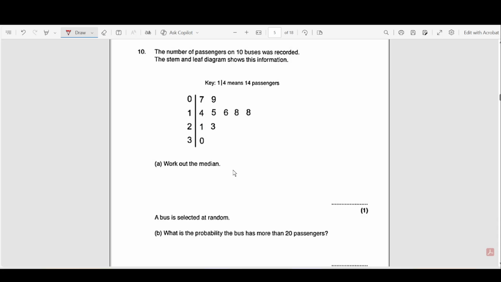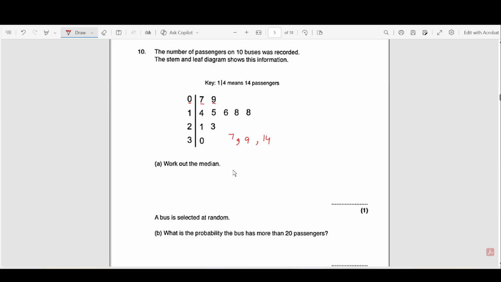So we have basically this stem and leaf diagram providing the 10 data points, right? What are they? Let me just write it here. We have 7 and 9, then 14. How do we read it? Because first digit is 0, so that's 7 and 9.